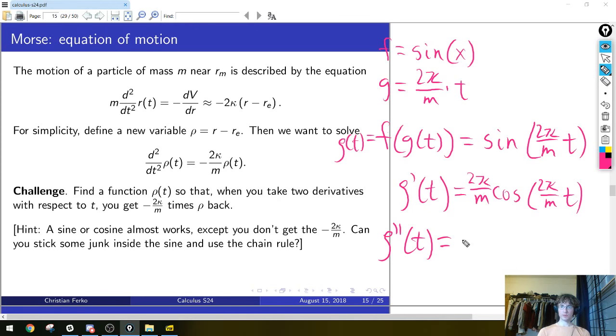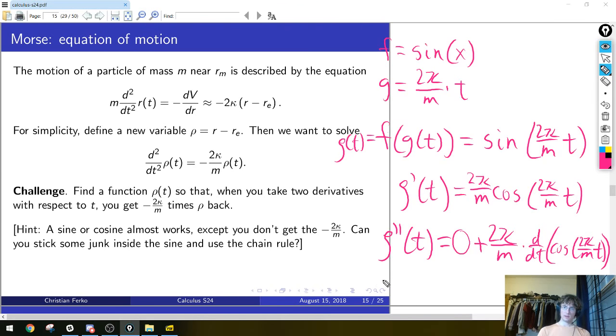By the product rule, this is the derivative of the first function, which is 0, times the second left alone, which I won't write because it's 0, plus the first function left alone, so 2 kappa over m left alone, times the derivative of the second function, 2 kappa over m t.